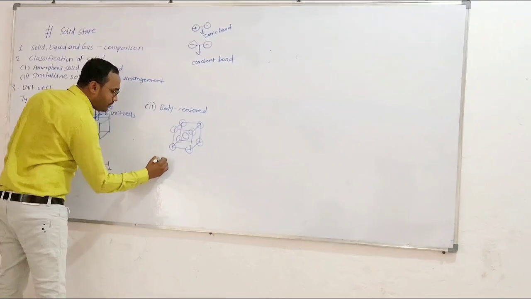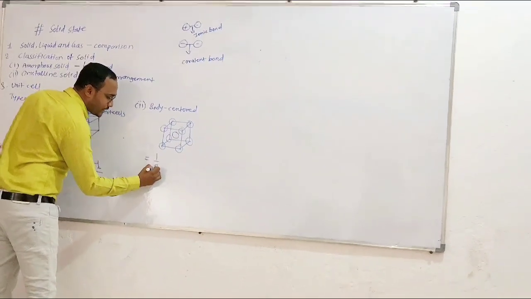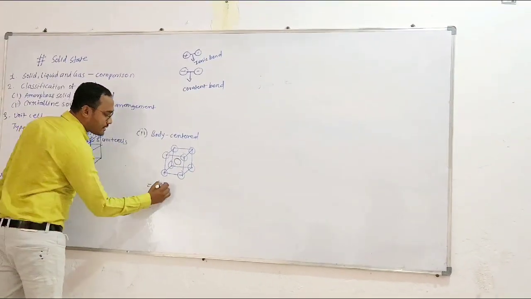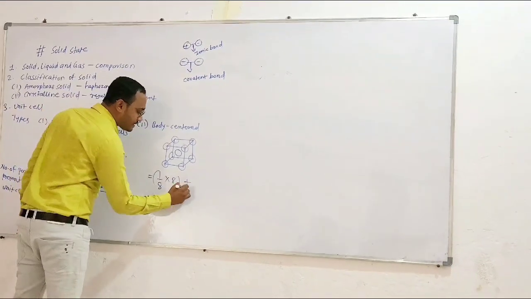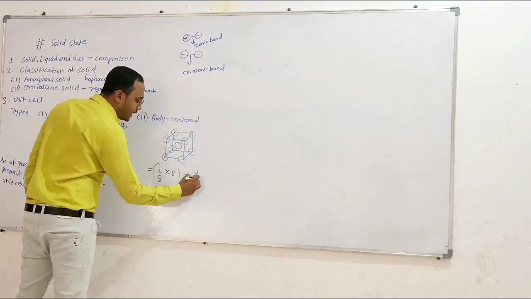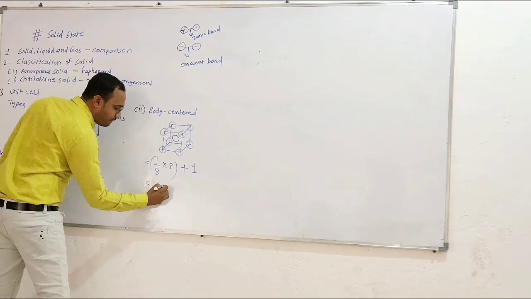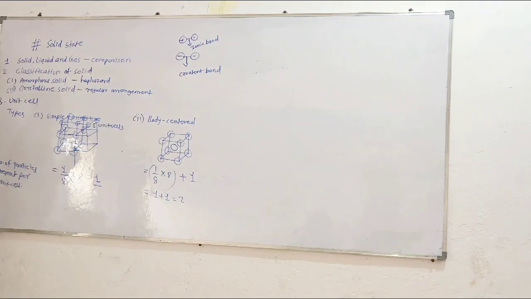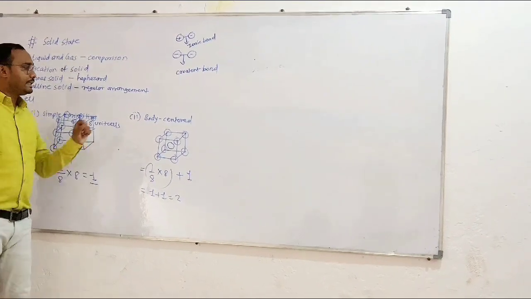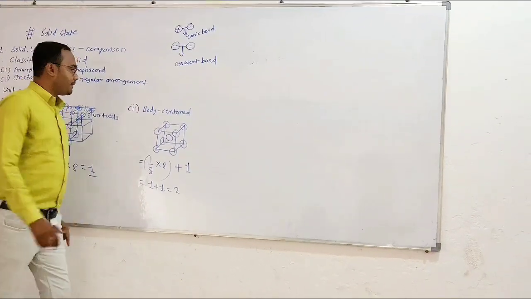Same, one particle at the corner is divided among 8 unit cells, and total 8 particles are present at the corners, plus one particle present at the center. That means effectively there are two particles present in the body centered unit cell.